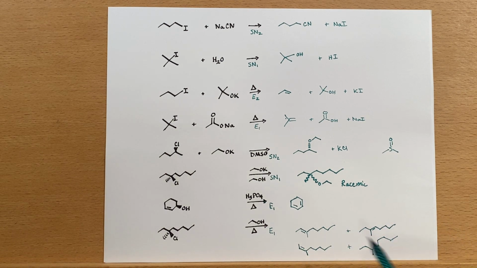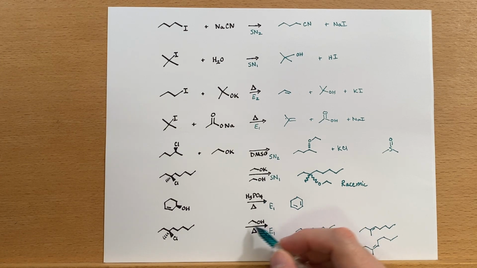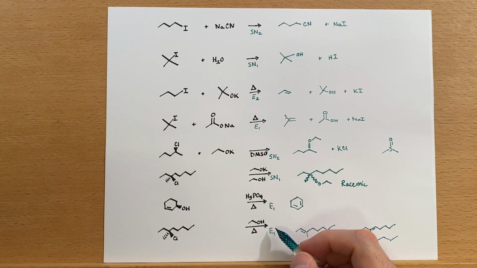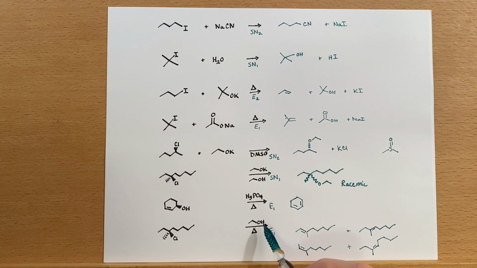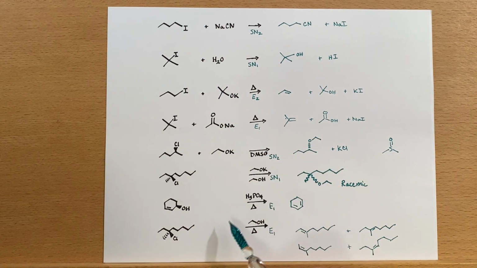Now, if instead of this weaker base, we had chosen a t-butoxide, like this one right here, as our base for this reaction, that would go E2. Perhaps even if we had just hydroxide in there, we would definitely get some more E2 products.